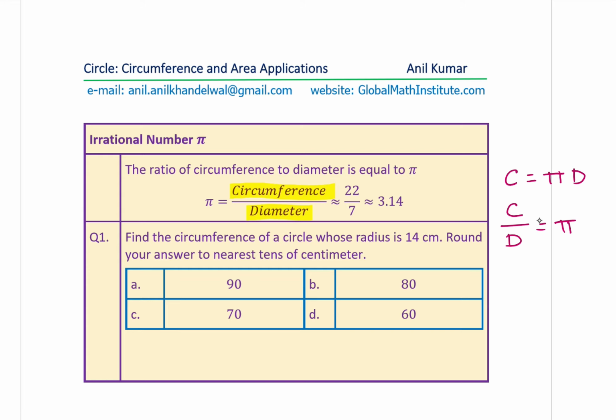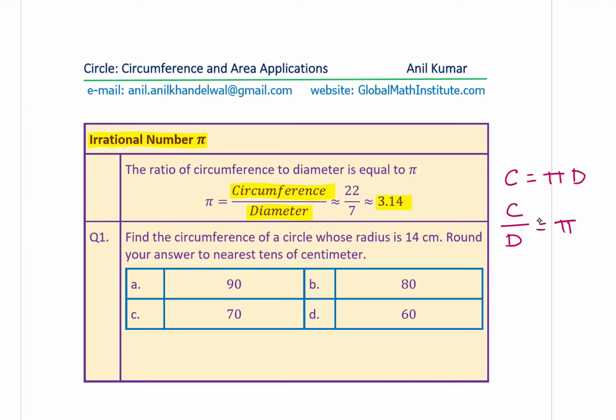That is what pi is. So that means for any circle, if we divide the circumference by its diameter, then we get the value of pi. Remember, pi is an irrational number even till date. We don't know exactly what the value of pi is. We'll approximate it to 3.14.